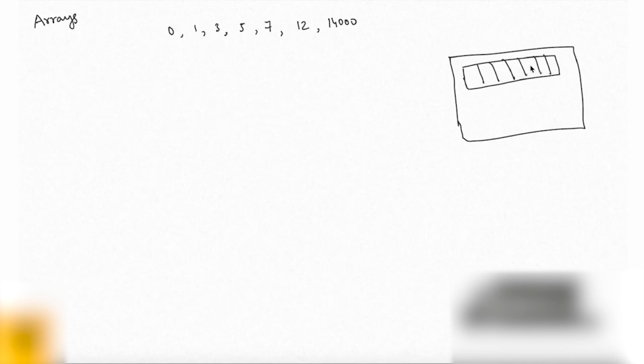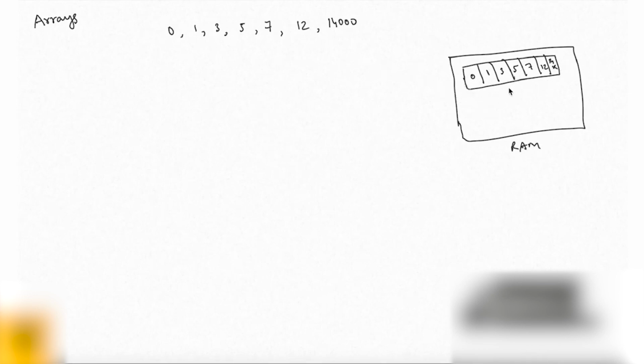So here 0 would be stored, 1 would be stored, 3 would be stored, 5, 7, 12, and then 14,000. This is how an array would be stored in your memory, and this would be the small chunk of that memory assigned for the array.